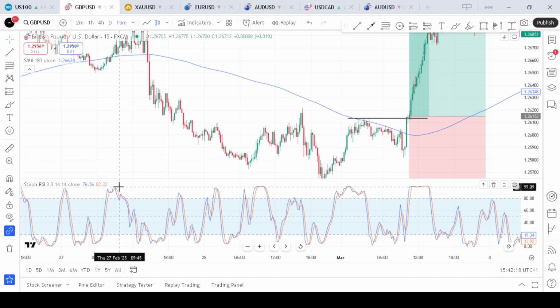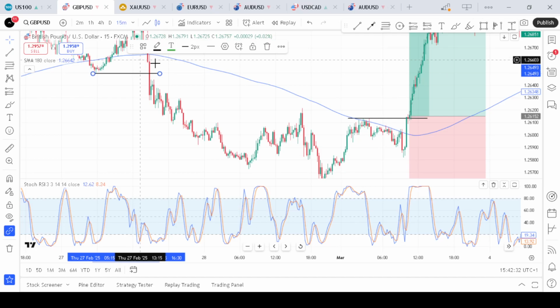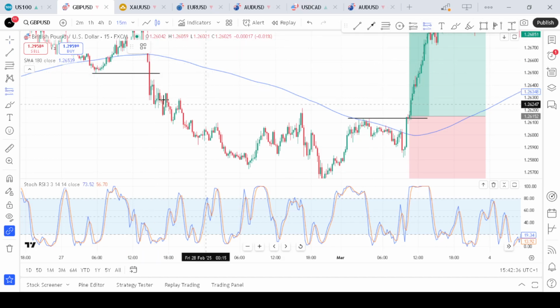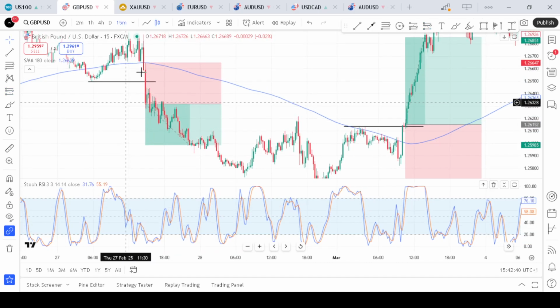This is where you would want to enter the trade after you see a candle close below the previous low. In this area, this is the previous low. Once price has closed below the previous low, this is where you want to enter your sell position after we have gotten our confirmation from our Stochastic RSI.